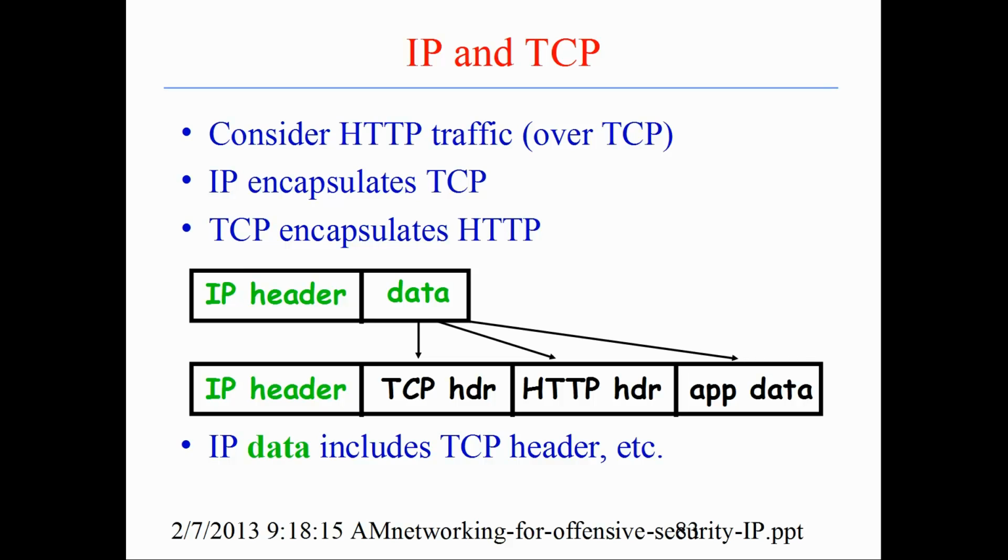So, for instance, say we have HTTP traffic and it's going over TCP, which is then going over IP. TCP encapsulates the HTTP traffic, maybe breaks it into multiple TCP segments, and perhaps the TCP segments are also broken into multiple IP packets. Effectively, the IP data is going to, in IPsec, I misspoke.